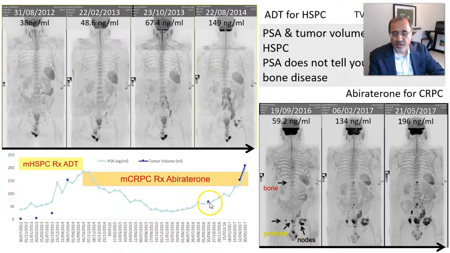So at this point, what we notice is that he has in fact had an excellent response to therapy within these retroperitoneal lymph nodes. But look what's happened to the groin nodes. His groin nodes have increased and he's beginning to develop bone deposits. And as you follow him over time, you can see he develops more and more bone disease. He develops metastases in the right pelvic side wall.